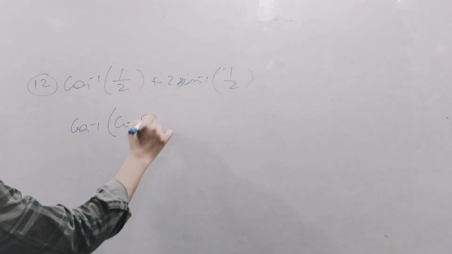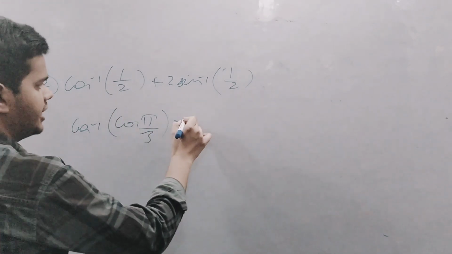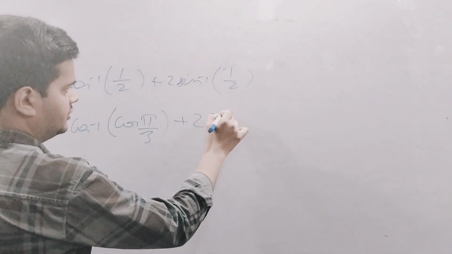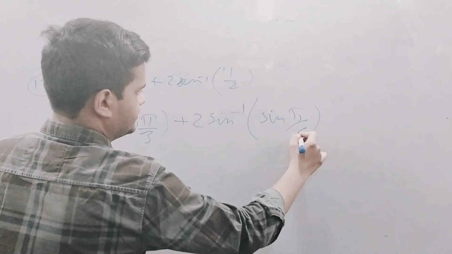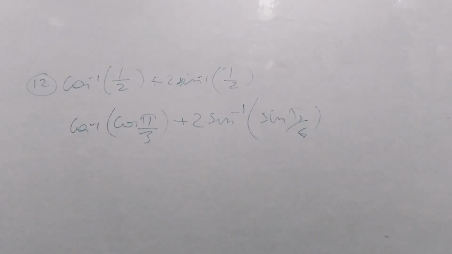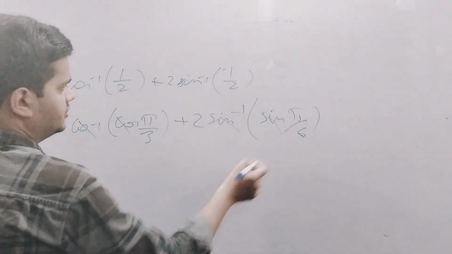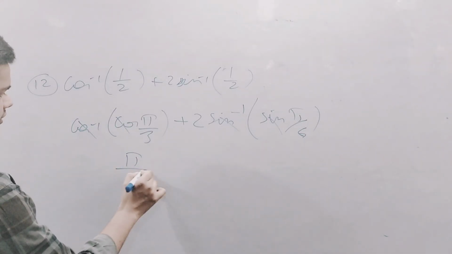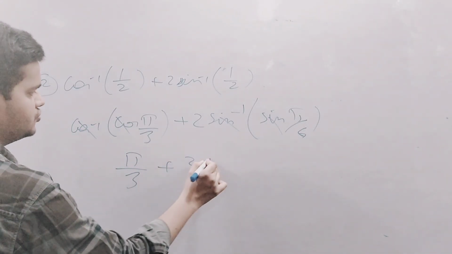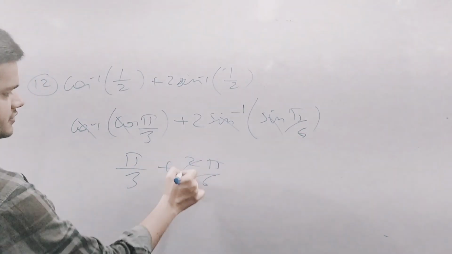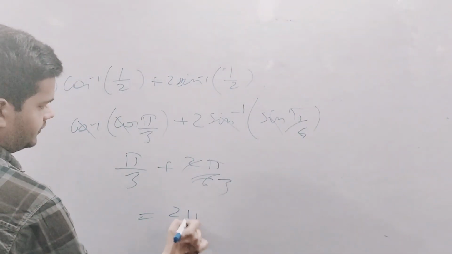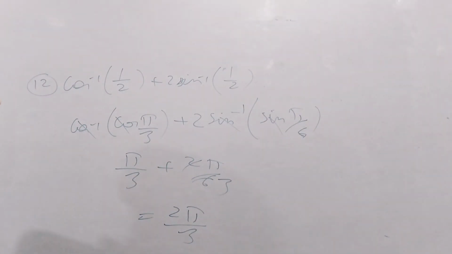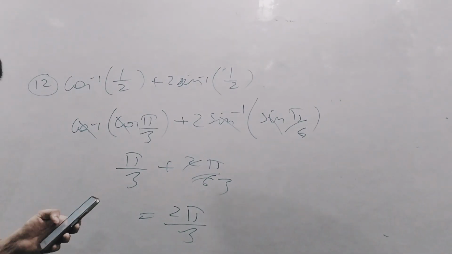So this becomes cos pi upon 3, and sine is half at 30 degrees. So this becomes 2 sin inverse sine pi upon 6. Okay, so this is cancelled out. We are left with pi upon 3 plus 2 pi upon 6. So it is pi upon 3 plus pi upon 3. The value is 2 pi upon 3. Okay, moving forward.